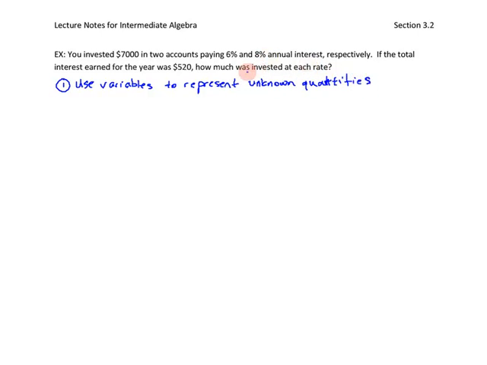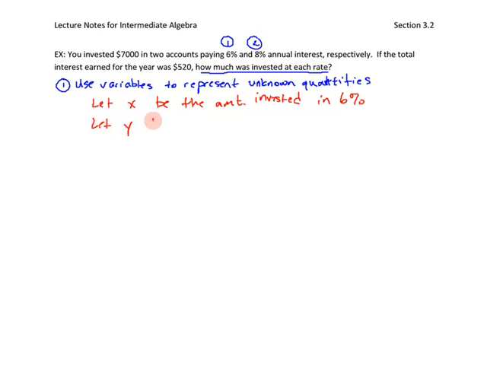Well, it's how much that we have invested at each rate. We have 2 different accounts, right? So let's let X be the amount invested in the 6% account, and let's let Y be the amount invested at 8%.